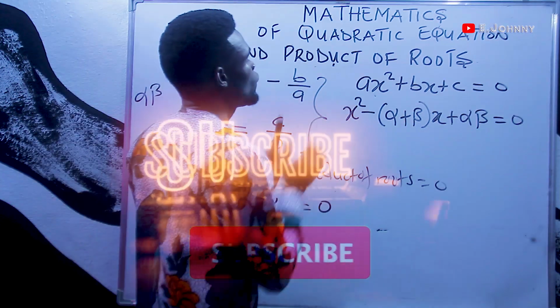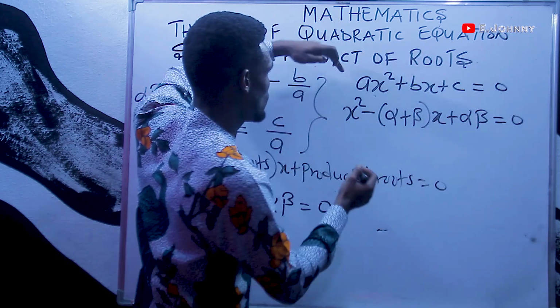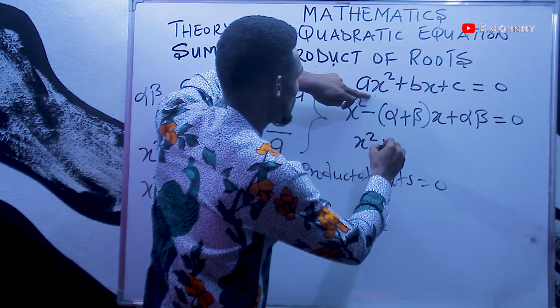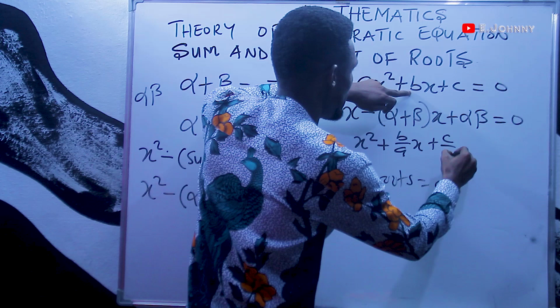How? If you divide through by a from this equation, you have x squared plus b over a x plus c over a equals to 0.